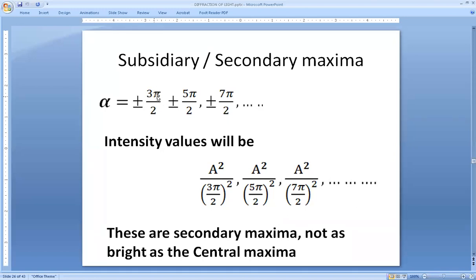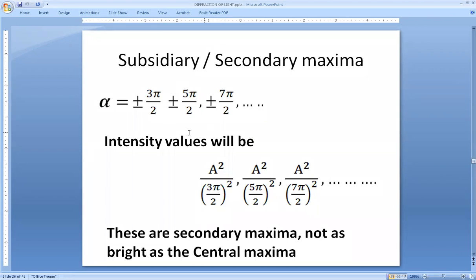This is alpha, 3 pi by 2, 270. Sin 270 is minus 1. So minus 1 square is plus 1, right? So a square into 1, which is nothing but a square in the numerator. And in the denominator, alpha square is there. In place of alpha square, I am writing 3 pi by 2 whole square.